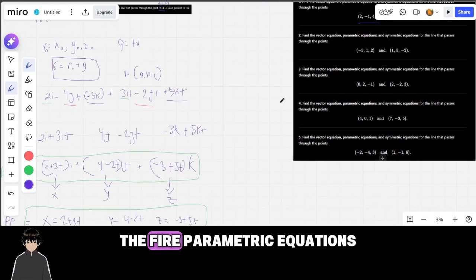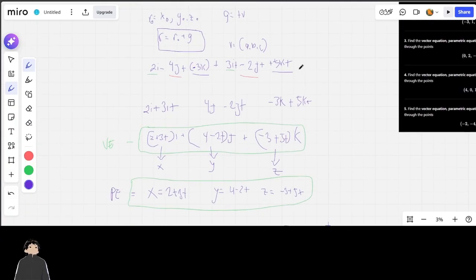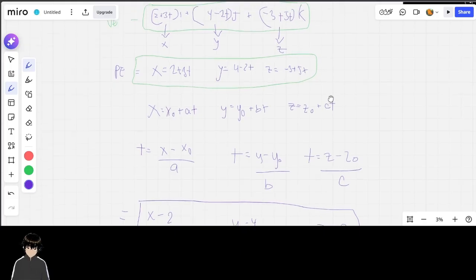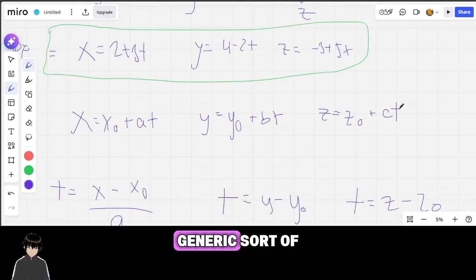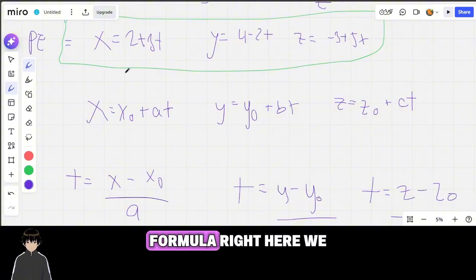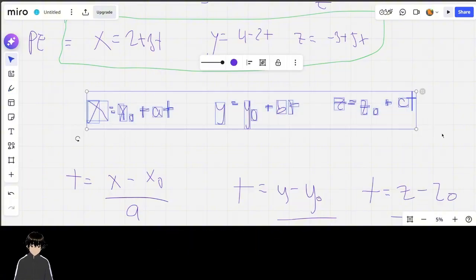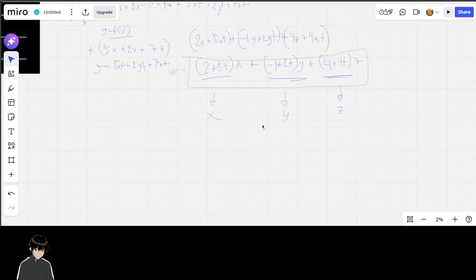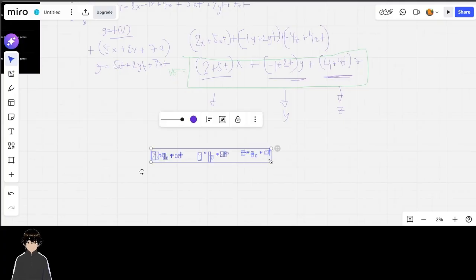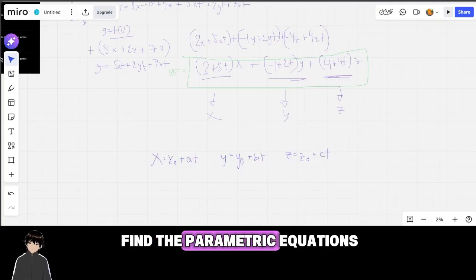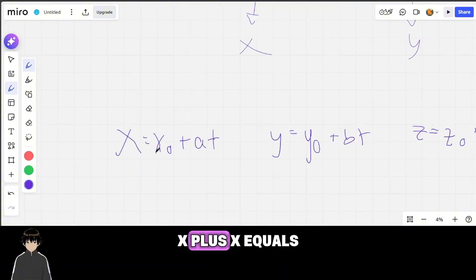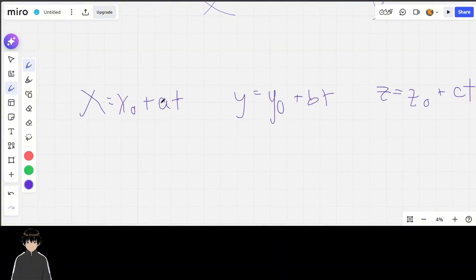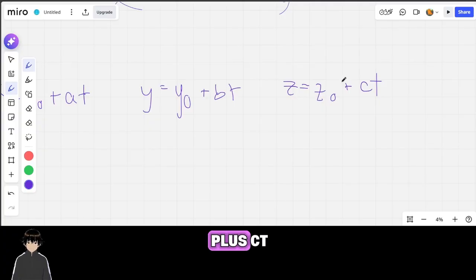Now, in order to find the parametric equations for this problem, we have to use this generic formula right here. We can just copy and paste it. So in order to find the parametric equations, you have x equals x naught plus at, y equals y naught plus bt, and z equals z naught plus ct.